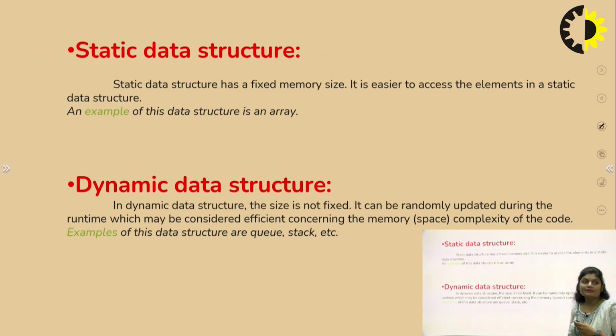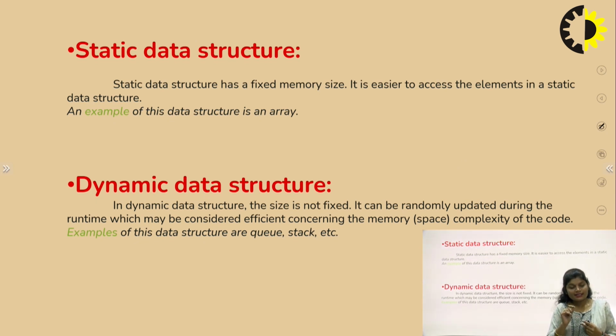We move on to the next slide. Here one term comes up: what is a static data structure and what is a dynamic data structure? If you give the size before compiling any program, this is one type of static data structure. The static data structure has a fixed memory size. It is easier to access elements in a static data structure.